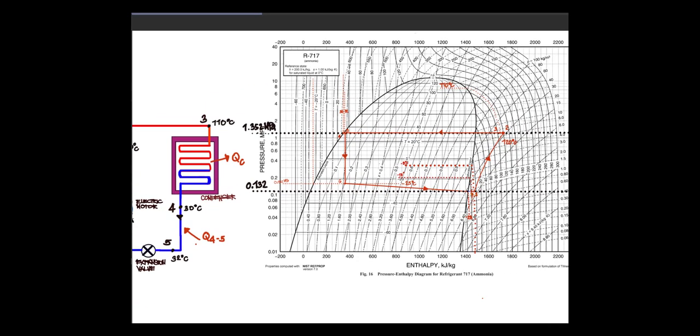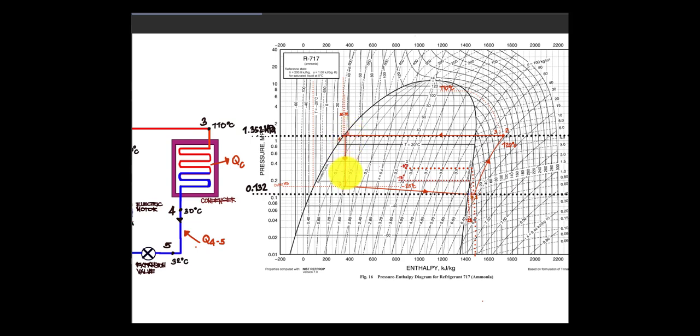Referring here to our diagram, at 32, 5 and 6 are equal enthalpy. So at the expansion valve, we have constant enthalpy here. So we're using the 32 degrees Celsius, and also referring to our pH diagram, we have a constant enthalpy from 5 to 6 at 32 degrees Celsius. So that will be the hf.